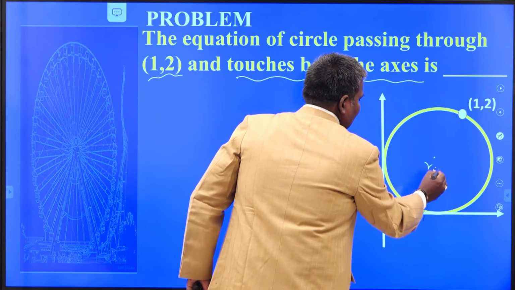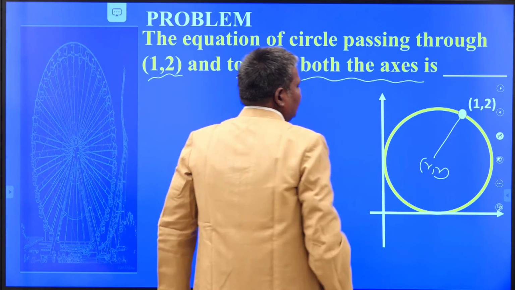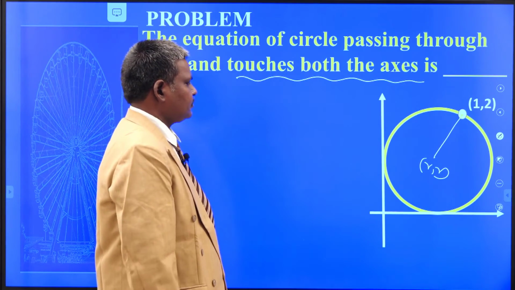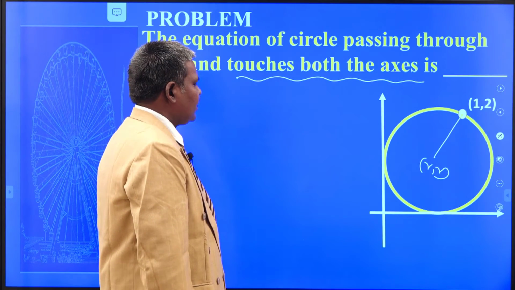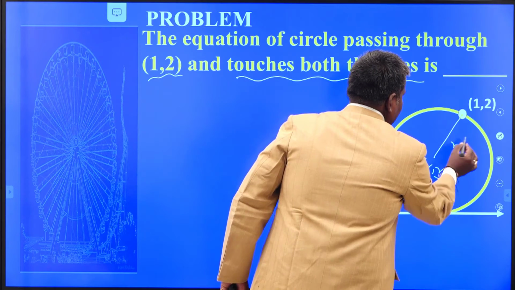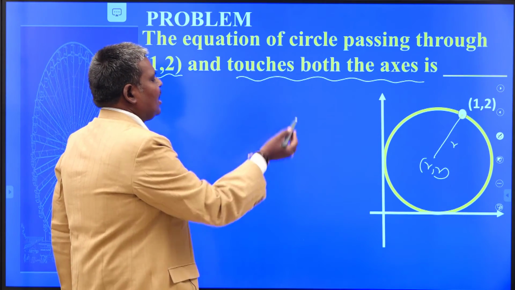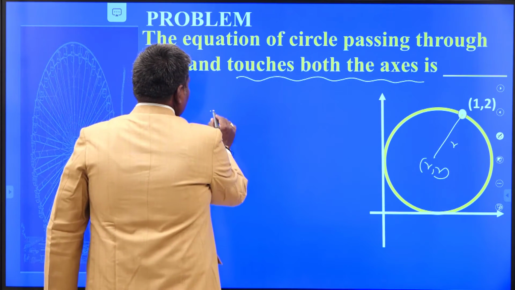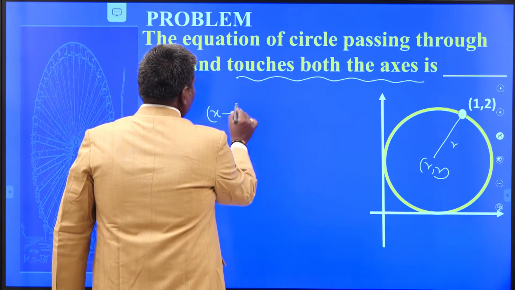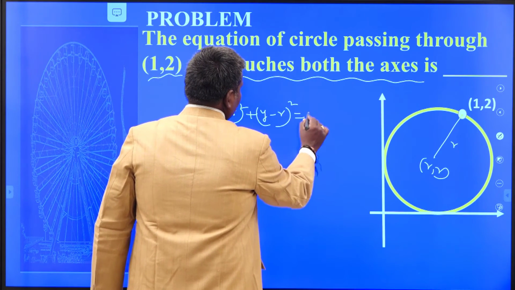Suppose r comma r is the center of the circle, the distance from here to here is the radius. Am I correct or not? Center r comma r, both are positive, and radius is r. What is the equation of circle with center at r comma r and radius r? X minus r whole square plus y minus r whole square is equal to r square.